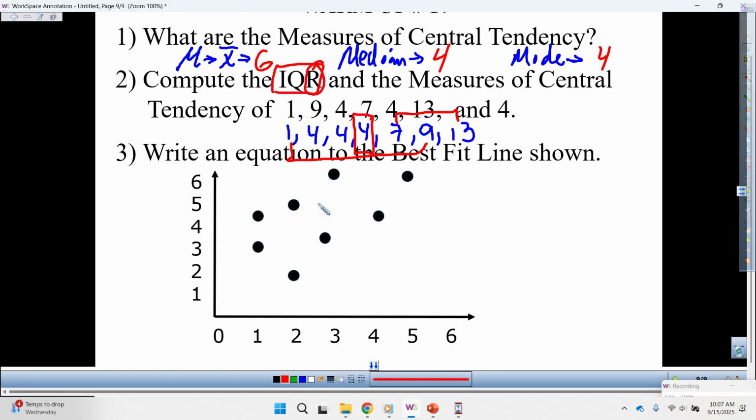It's the range of Q3 and Q1. So, with that said, what is Q1? Q1 is here, so that is 4. Q3 is 9. So therefore, Q3 minus Q1, that is 9 minus 4, that is 5. That is our IQR.